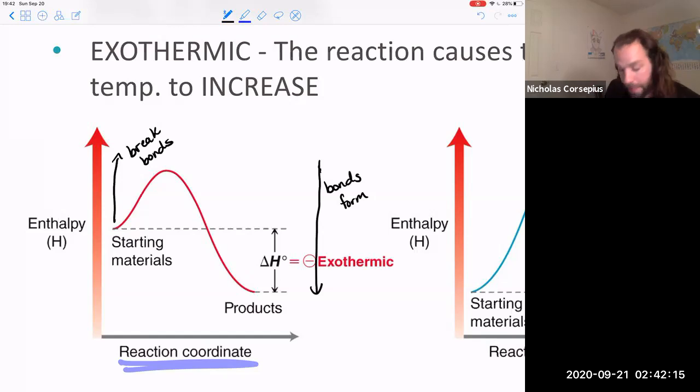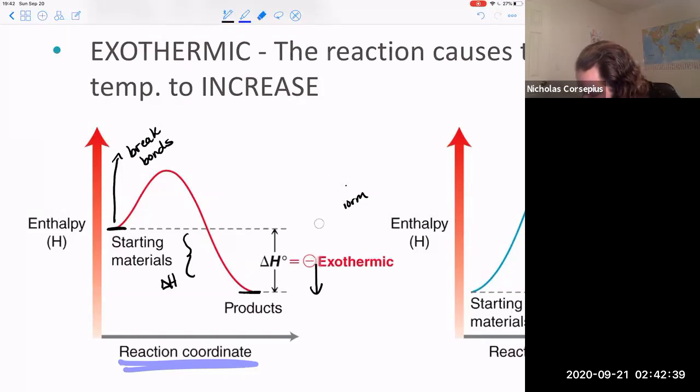Okay, now the gap between where we start and where we finish, this is the delta H, the change in enthalpy throughout the reaction. If you release more energy when your bonds are formed than you had to absorb to break the bonds, you will have a negative delta H, and that's what's called an exothermic reaction, right?